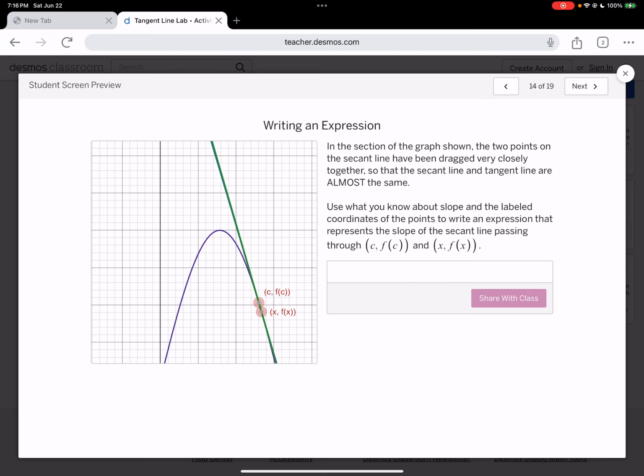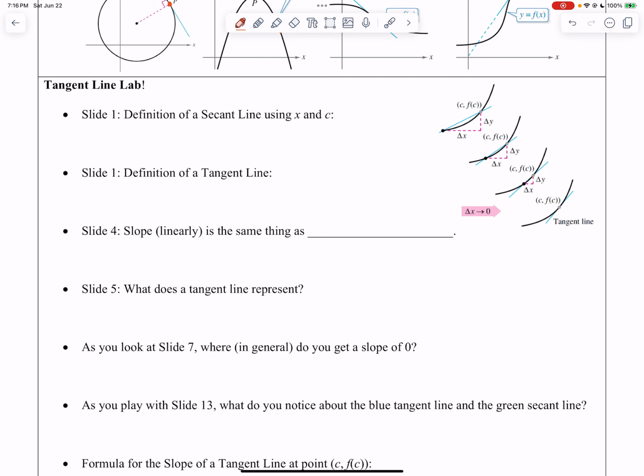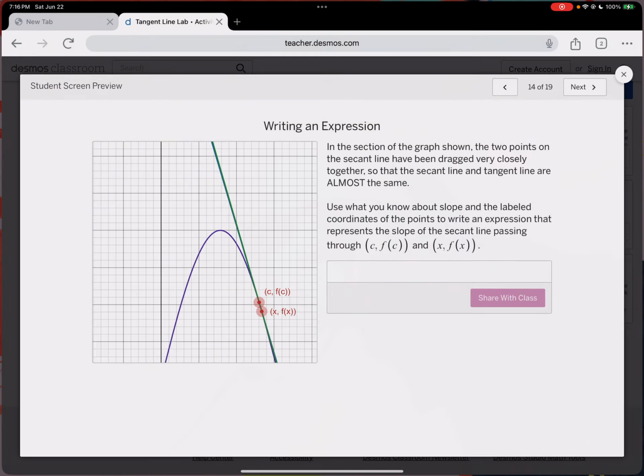Well, if I have c and f of c and I have x and f of x, I could write the secant line by saying f of x minus f of c all over x minus c. That's my secant line, which was in green.